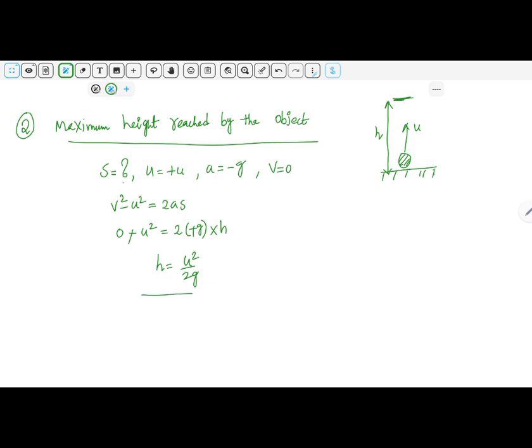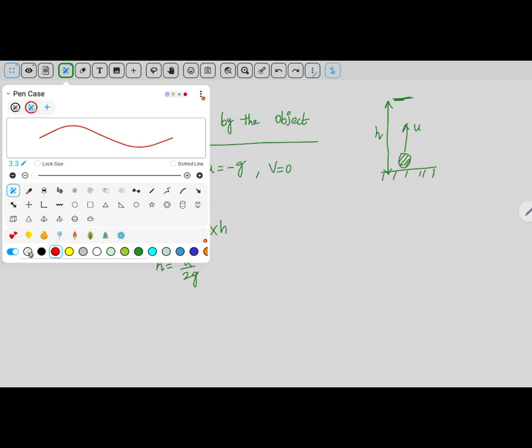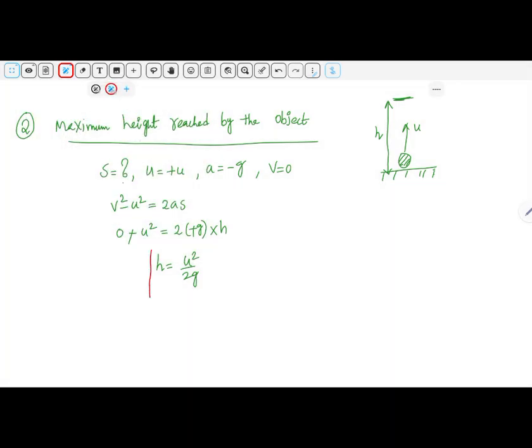So this is the expression for maximum height reached by an object which is thrown vertically upwards with the initial velocity u. Now, the time of ascent which we derived in our previous video is equal to u by g. We can change this expression, meaning another formula for time of ascent we can get from this.